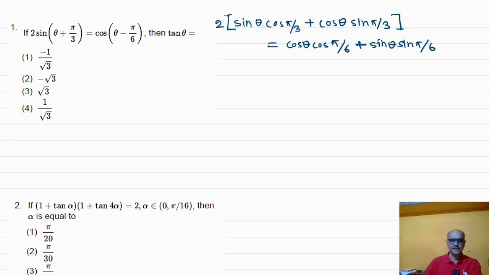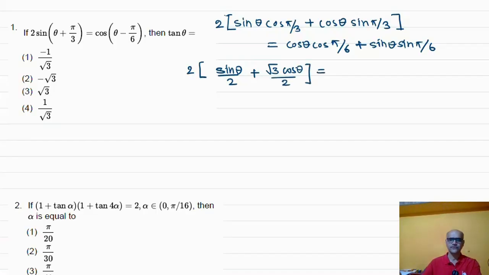If I simplify this, 2 into bracket: pi by 3 is 60, cos 60 is 1 by 2, so this will be sin theta by 2 plus cos theta; pi by 3 is 60, sin 60 is root 3 by 2, so root 3 cos theta divided by 2, bracket complete.